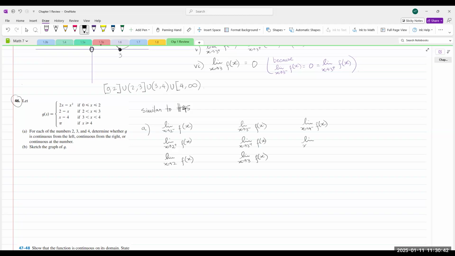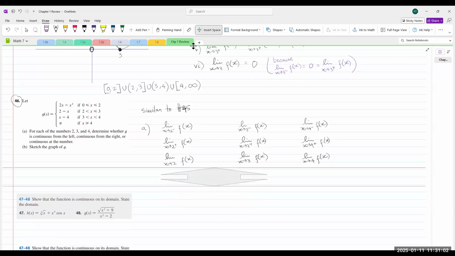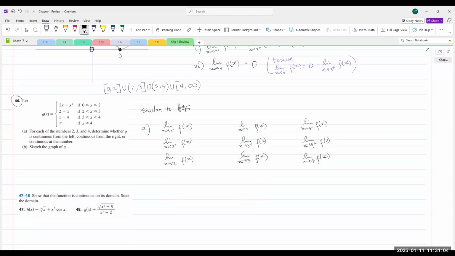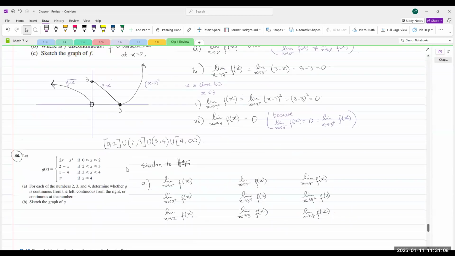Limit as x approaches 4 from the right hand side, what's the value? And does the limit as x approaches 4 exist? Then from there you sketch the graph. That's for number 46. That's one of the questions I have interest in, but I will not work it out anymore, because it's very similar to number 45.